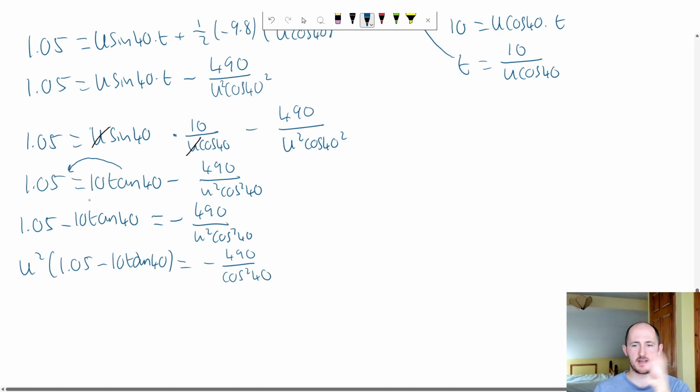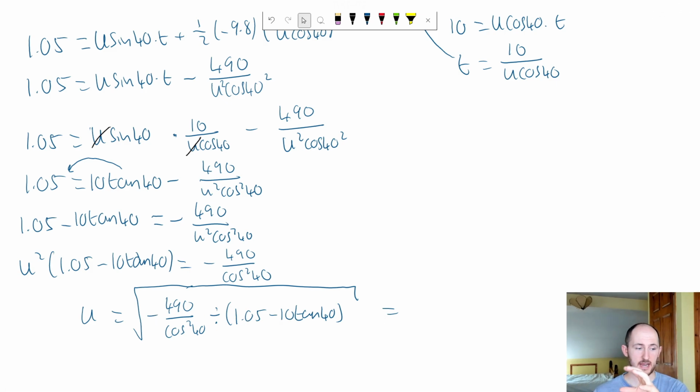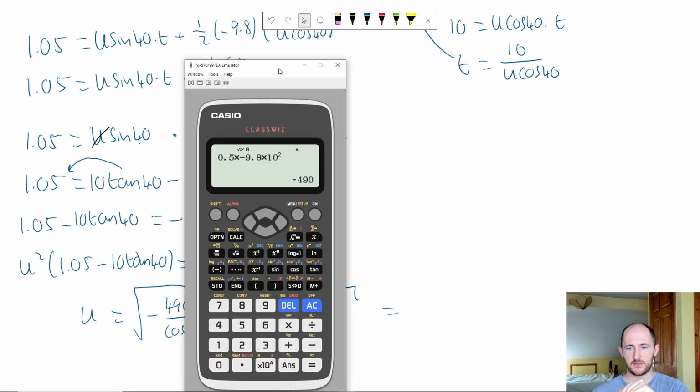Divide both sides and then square root. So overall we're going to have minus 490 over cos squared 40, divided by 1.05 minus 10 tan 40, big old square root. If you're worried about this negative, bear in mind that 10 tan 40 is bigger than 1.05, so it should cancel out. Let's enter everything onto our calculator.